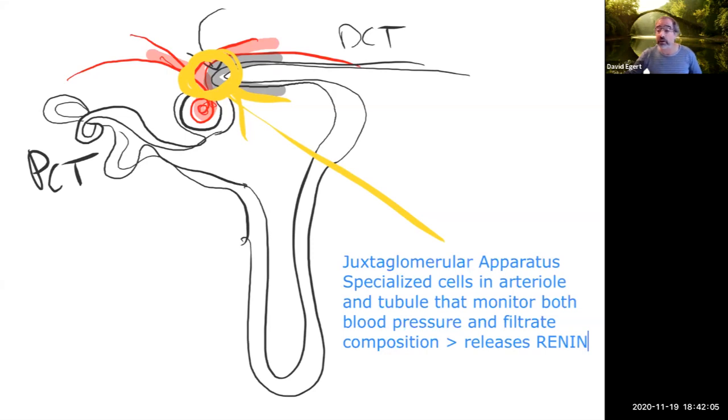I promise you there will be questions on your exam where you need to understand the renin-angiotensin mechanism because it's a critical part of your blood pressure control. So make sure that all makes sense, everything we just talked about. And again, it's being initiated by this juxtaglomerular apparatus here.